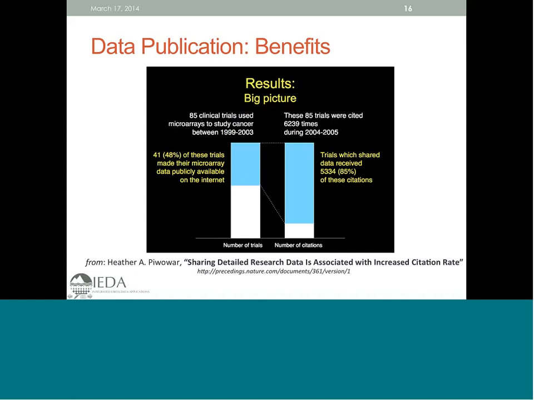And in the citation record, these 48% that shared their data actually received 85% of all the citations. So those clinical trial studies here that did not share their data had a lot fewer citations over the 2-year time period.